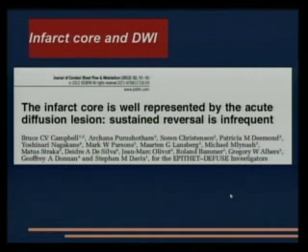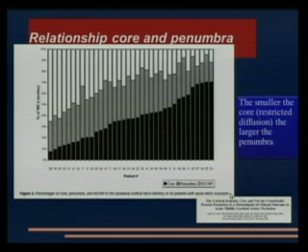And so the infarct core is well represented by the acute diffusion lesion. This is the infarct core and the penumbra. If you have a big penumbra, the infarct core will be small, and the opposite. If you have a large core, the penumbra will be minimal.